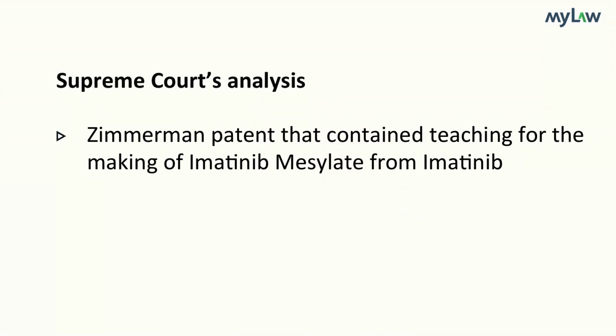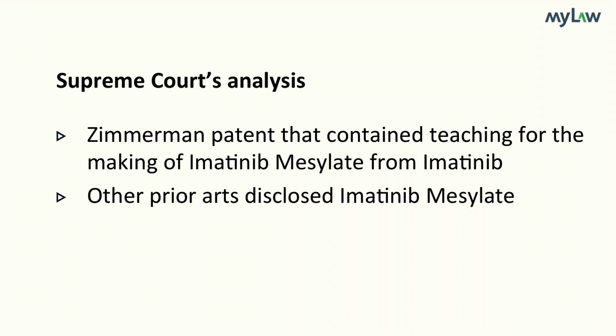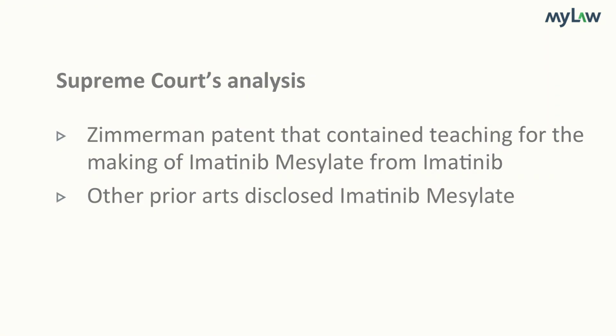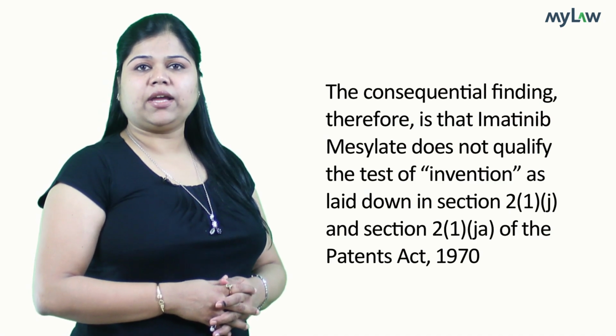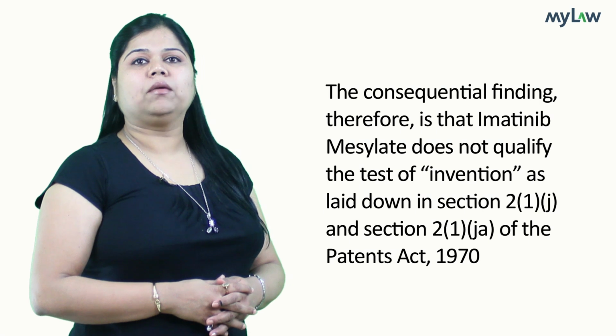The Supreme Court found that the prosecution history of the Zimmermann patent stated there were teachings for making of imatinib mesylate from imatinib. Also, the two articles mentioned existence of imatinib mesylate in the prior art. The Supreme Court concluded that Glivec did not meet the patentability requirements.